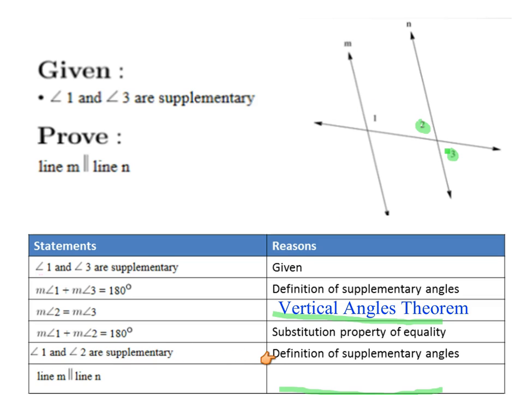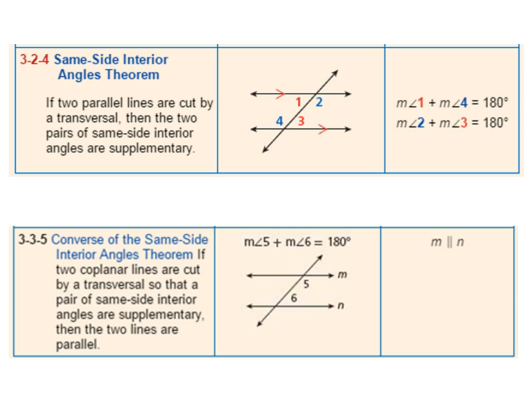So if 1 and 2 are supplementary, what does that mean? Which of those theorems is telling us that if 1 and 2 are supplementary, then these lines must be parallel? So you need to think, these two angles are on the same side interior. Same side interior. This one tells us that if the two angles are congruent, then the lines are parallel.